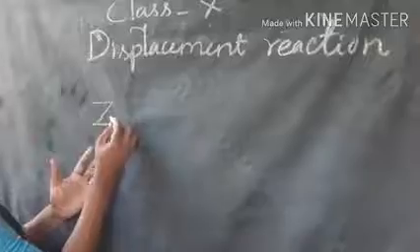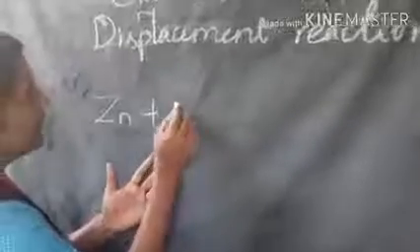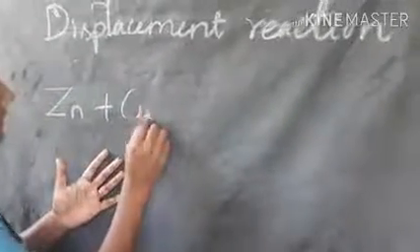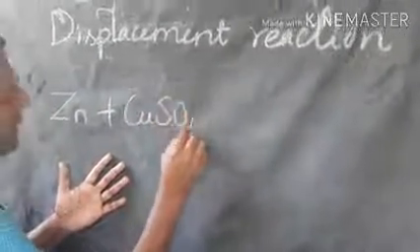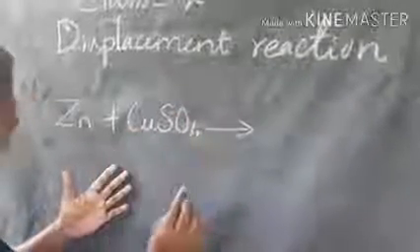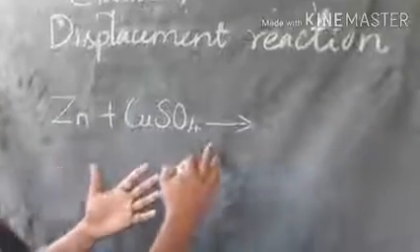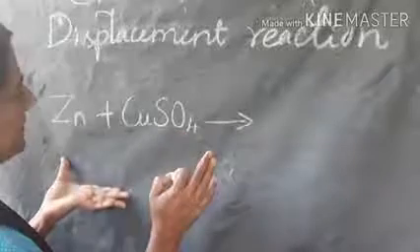You know, zinc is symbol Zn, and a few pieces of zinc are dropped into copper sulfate solution. After some time, without heating or any other substances, the reaction is taking place.